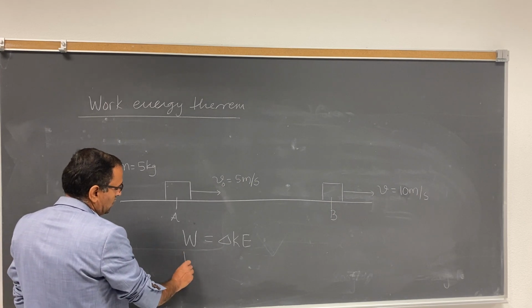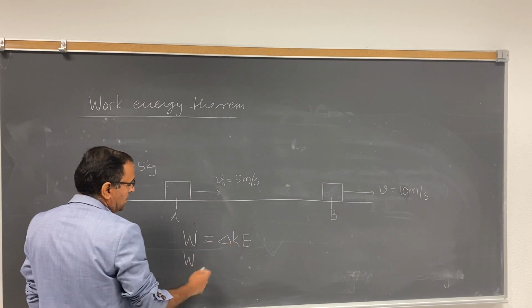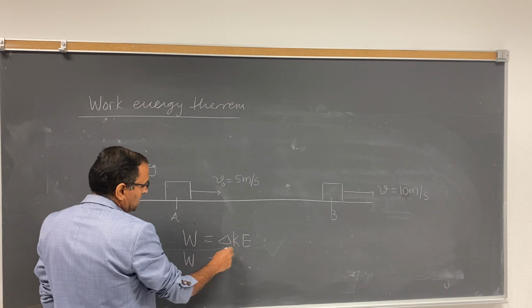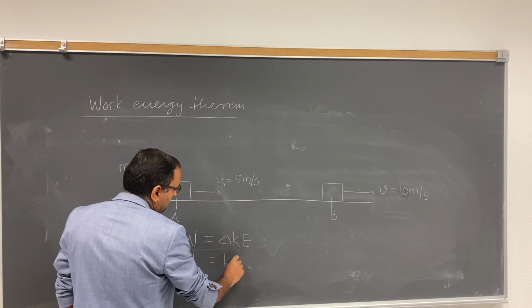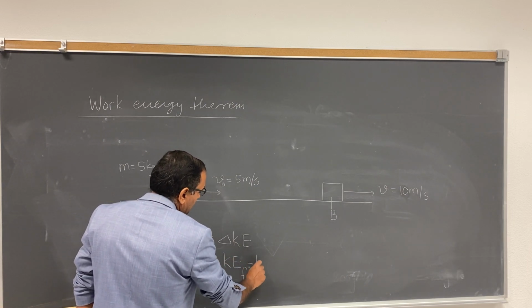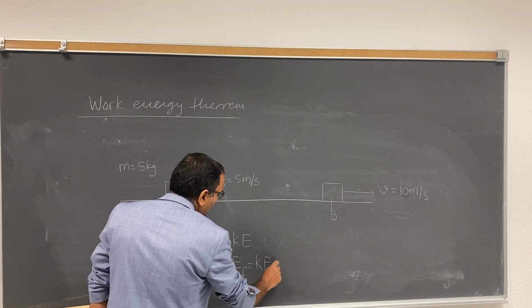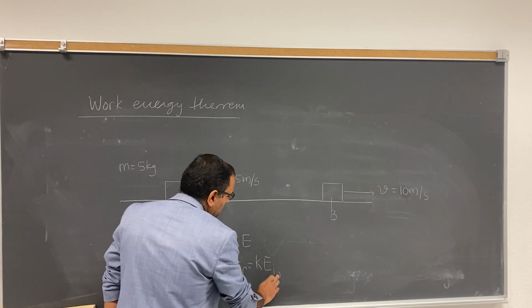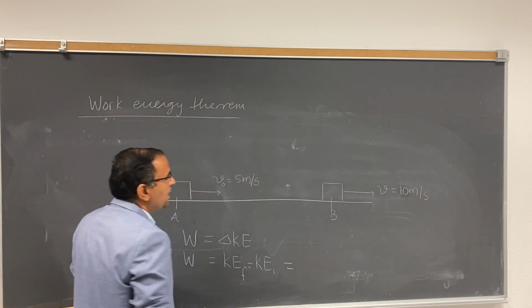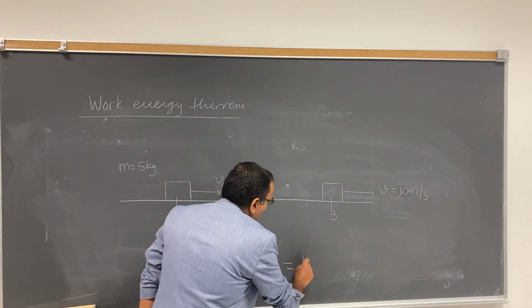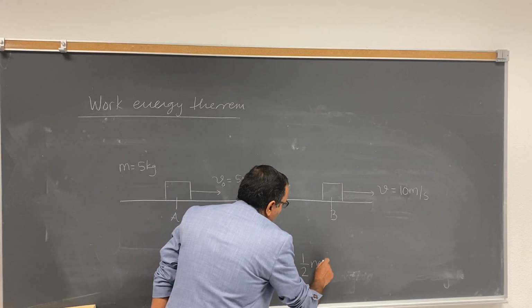So you can write W equal to delta KE, or if you want to elaborate, delta KE is KE final minus KE initial. So what is your KE final? KE final is 1/2 mv squared.